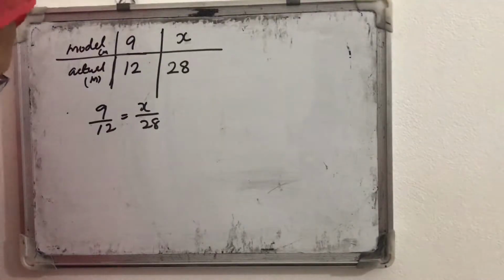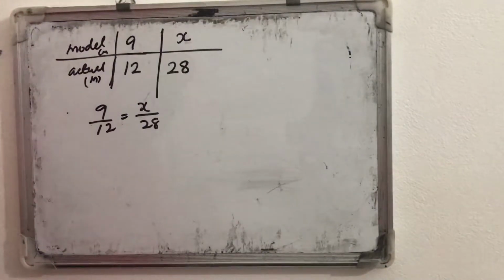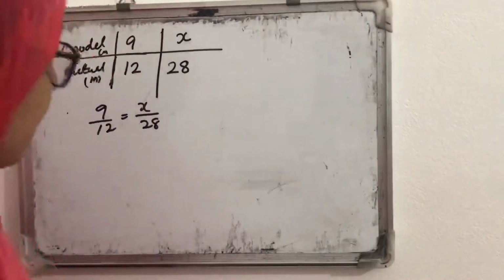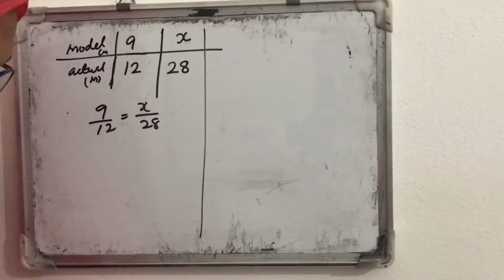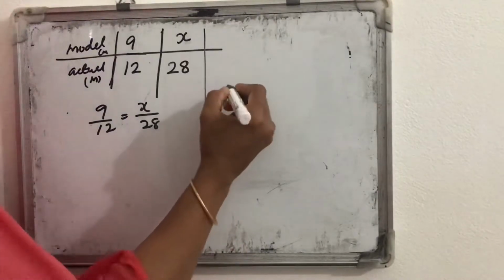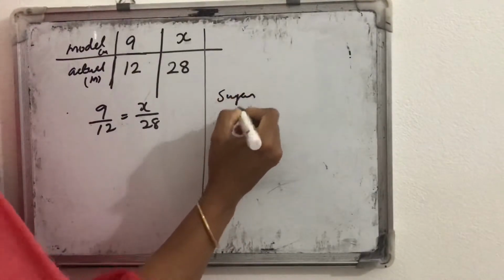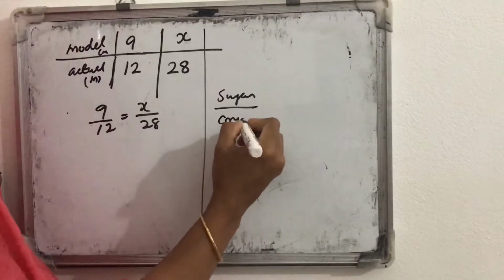Next question, 7th question. Suppose 2 kg of sugar contains 9 into 10 raised to 6 crystals. How many sugar crystals are there in 5 kg of sugar and in 1.2 kg of sugar? So the first quantity given is sugar, the next is crystals.